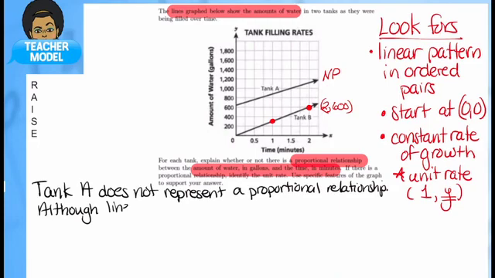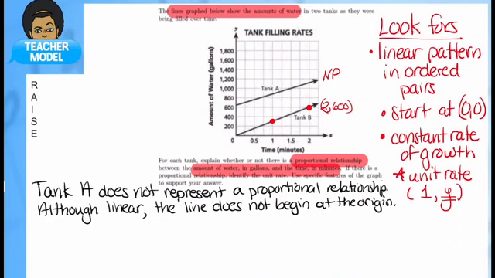Although linear, the line does not begin at the origin.